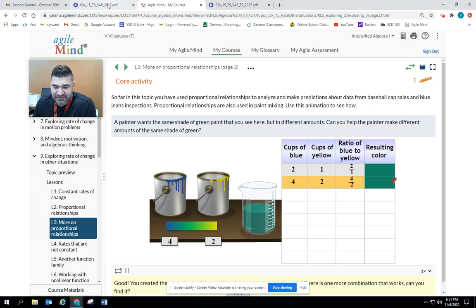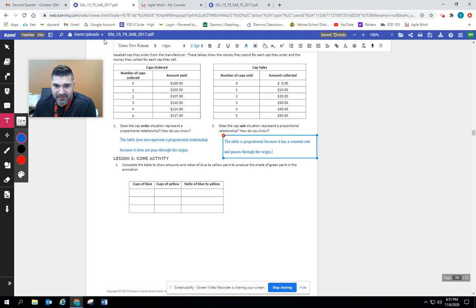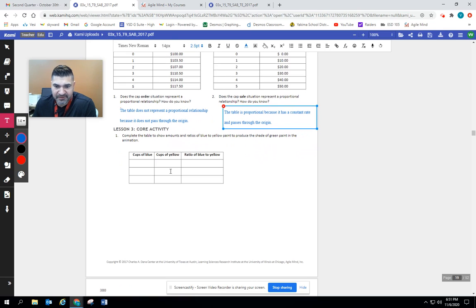Okay, so we are going to use this same proportions to fill out this table here, okay? So if we have 2 cups of blue, we have 1 cup of yellow. The ratio from blue to yellow is going to be 2-to-1.